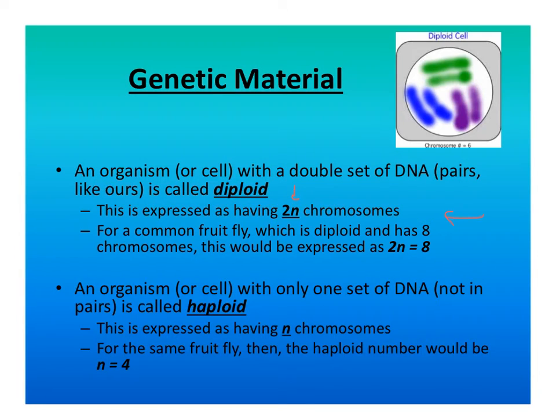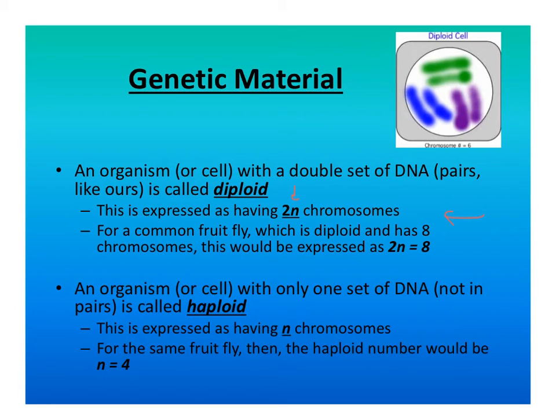Now an organism that only has one set of DNA, not pairs, would be called haploid. Now it's not too common to find a haploid organism. Only really in the plant world do we find haploid organisms. But we do find haploid cells. And haploid cells have half the DNA of a diploid cell, right?